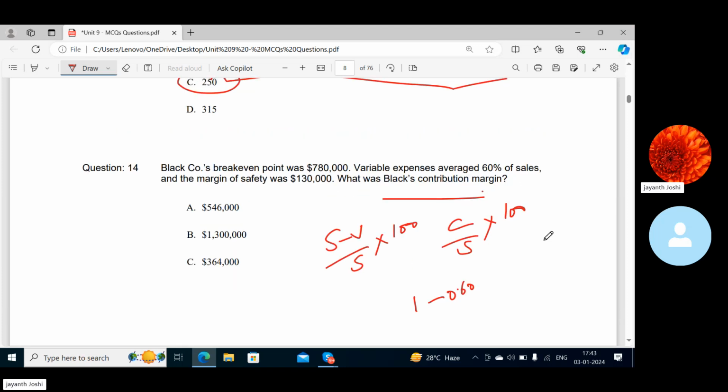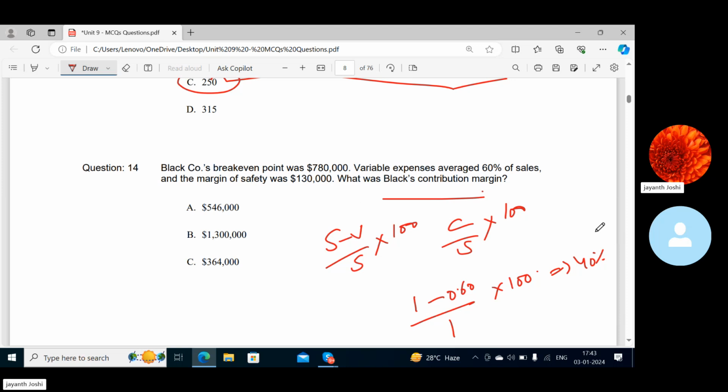Yes, sir, 60% of sales. So divided by 1 into 100. What would be your contribution margin? 40%. Yes, 40%. That you will be applying on sales to find out the amount, right?